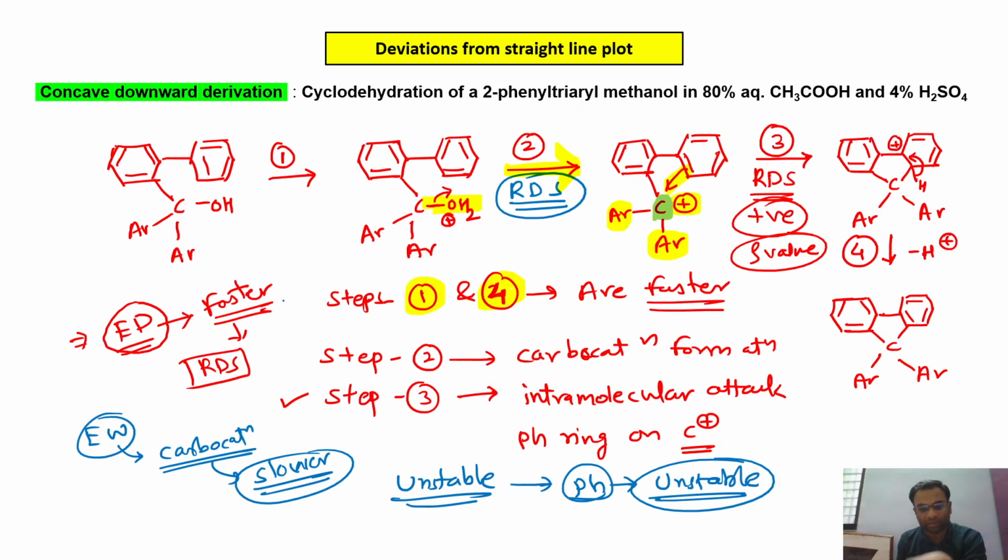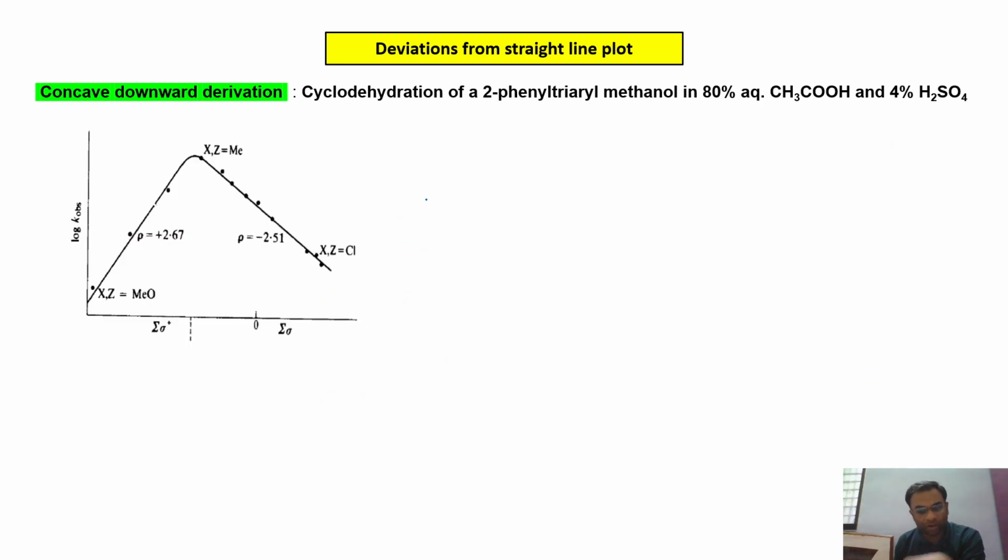In carbocation formation, electrons are going away from this reaction center carbon, and therefore for this reaction we have a concave downward deviation.